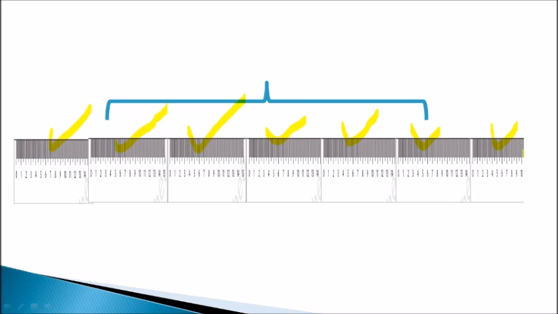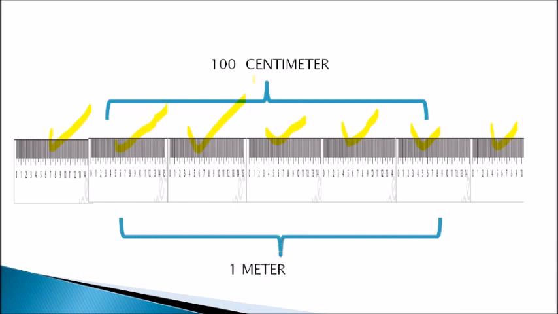I have taken 10 of this scale, then it will be 100 centimeter. When 100 centimeter is completed, that 100 centimeter is considered as 1 meter. So now I think everyone's doubt is clear that 1 meter is equal to 100 centimeter.